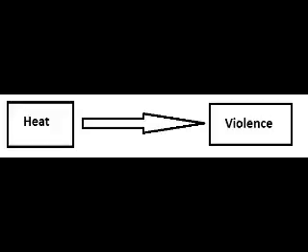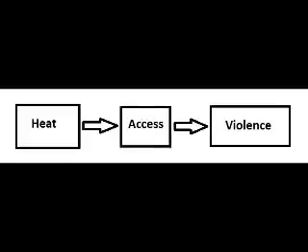So more likely it's that when it's warm outside, people are more likely to be outside and in contact with one another. So heat allows for more contact, and the more contact that there is, the more likely it is that people are going to start shooting each other. That would mean that contact likelihood is the mediating variable here.